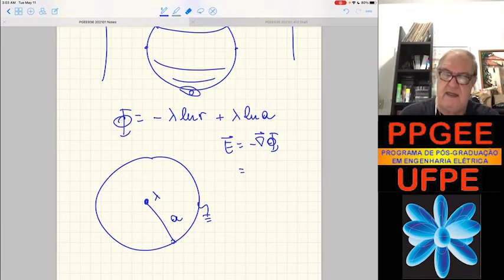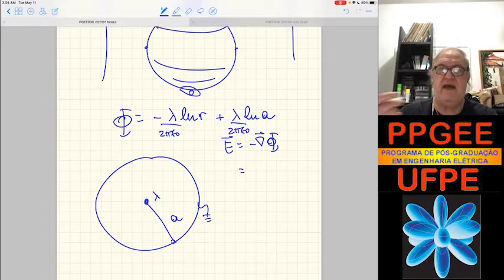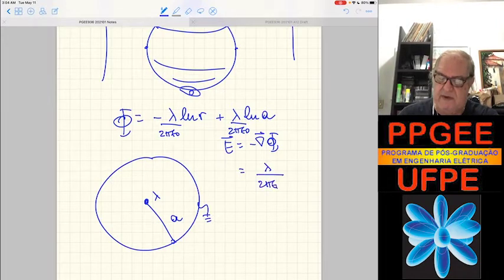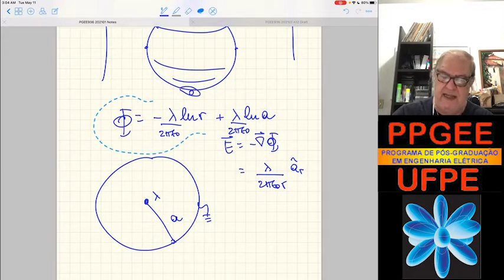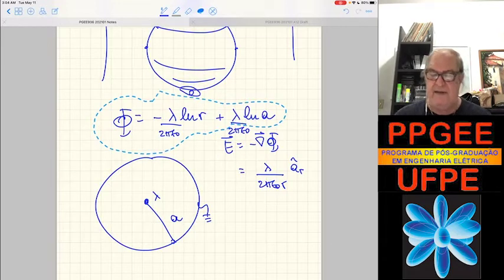So that's lambda divided by 2 pi epsilon 0. Here too. So when you have that, the field is going to be lambda over 2 pi epsilon 0 r, in the r direction. Okay? So that's a solution when we establish a reference for the potential at a surface r equals a.